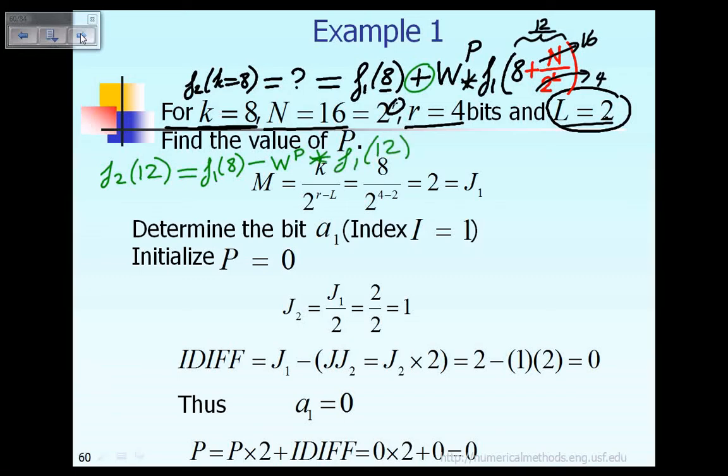So you can see clearly the computation of F2 of 8 and the computation of F2 of the companion node, which is node 12. The formulas are nearly identical again. The only thing different is instead of plus, here you have minus.